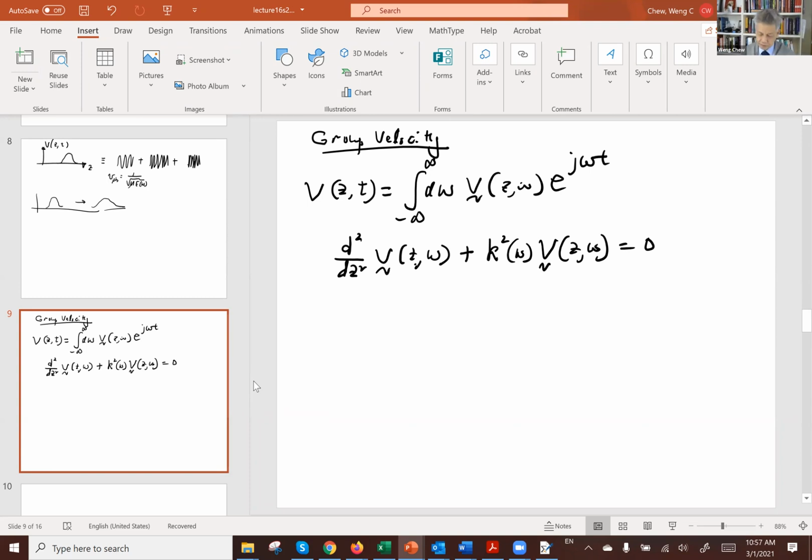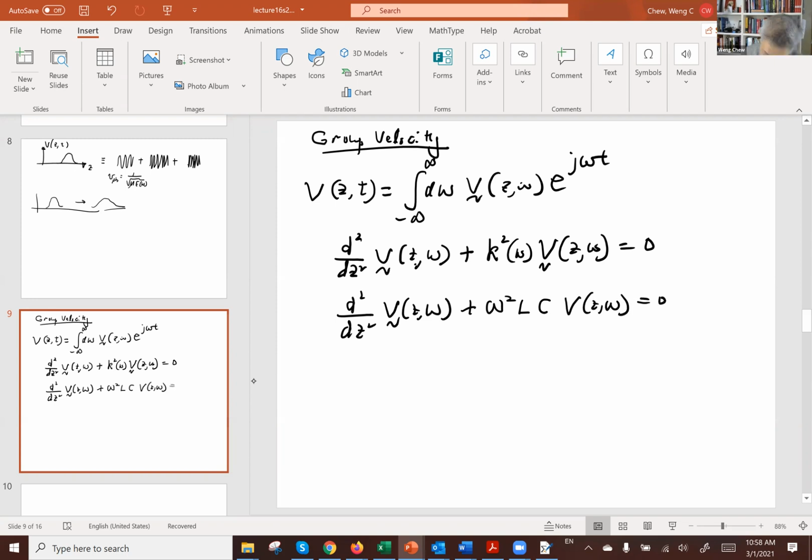We have seen that for transmission line theory, we have d squared dz squared of V tilde(z, omega) plus omega squared LC V tilde(z, omega) is equal to 0.